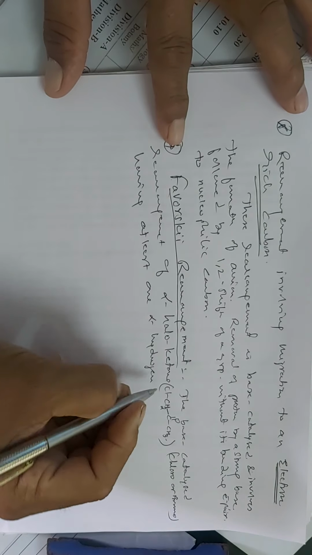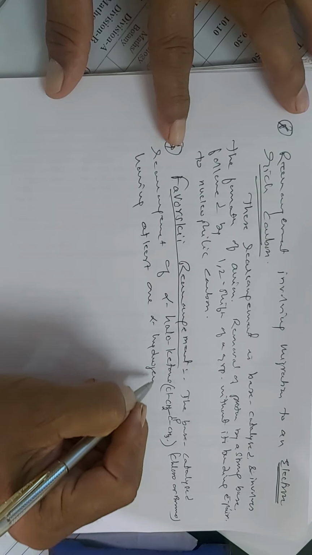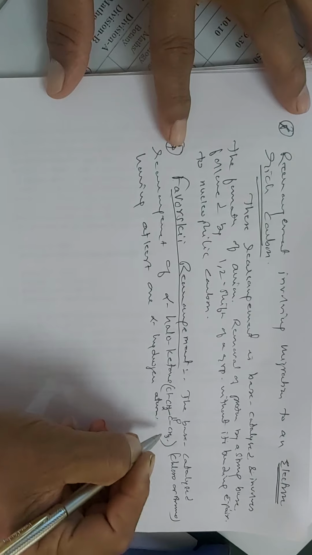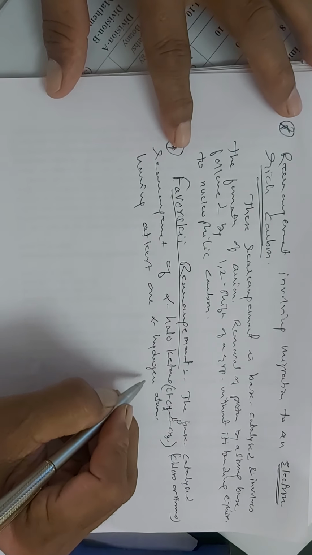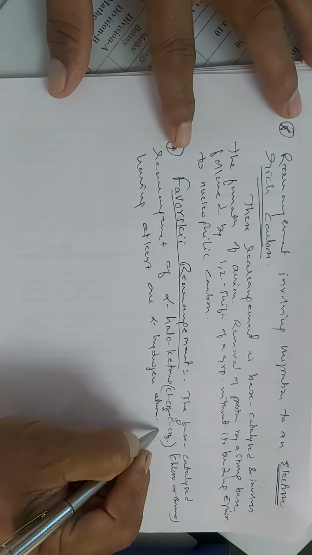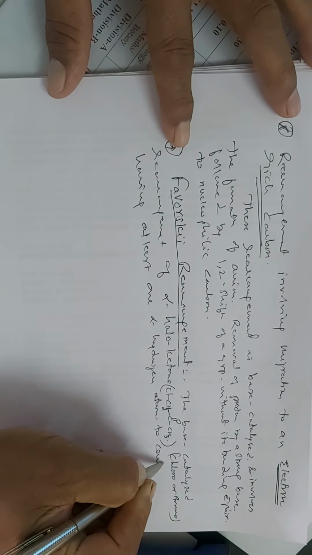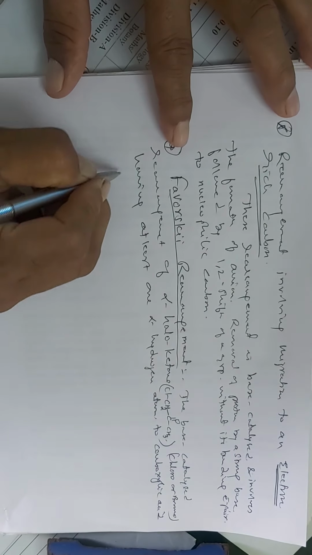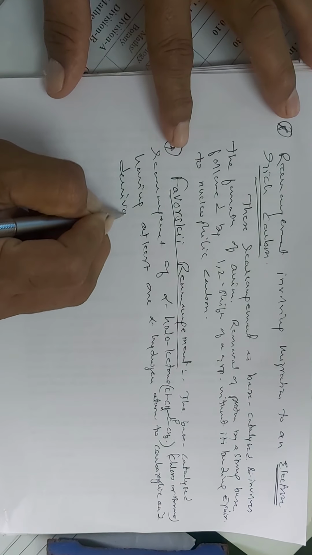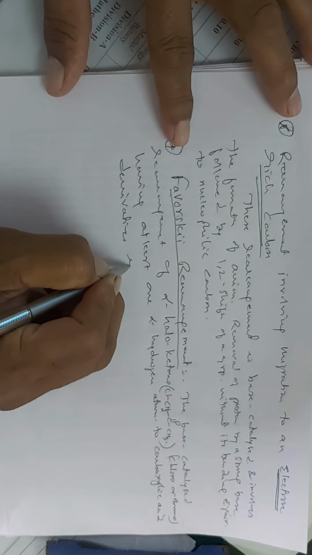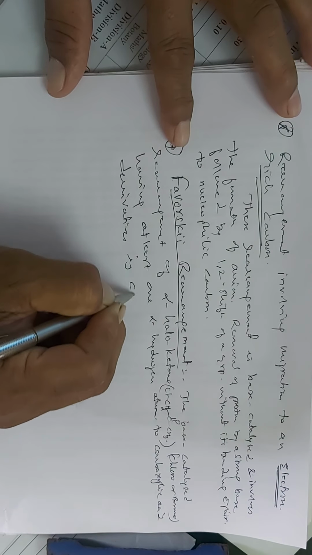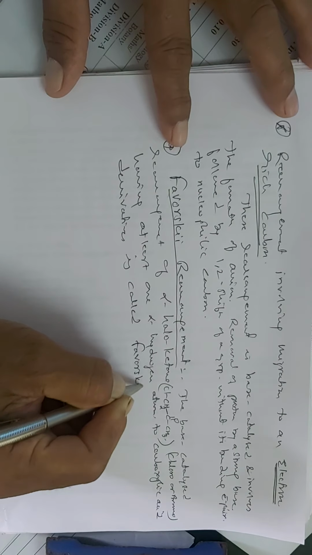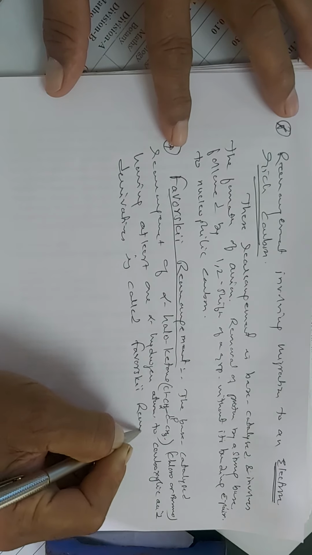There is a necessity of an alpha hydrogen atom, and this alpha haloketone with one alpha hydrogen atom will be converted to carboxylic acid derivatives, and this is called the Favorskii rearrangement.